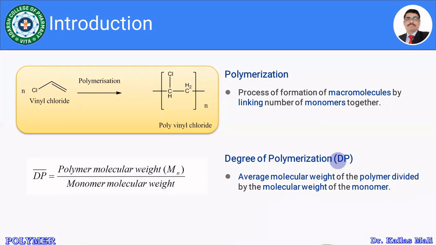By changing the degree of polymerization, it is possible to get tailor-made polymers according to our need. It is possible to get from low molecular weight polymer to high molecular weight polymer, having different physicochemical properties and different applications in the pharmaceutical formulation. So this is about the degree of polymerization.